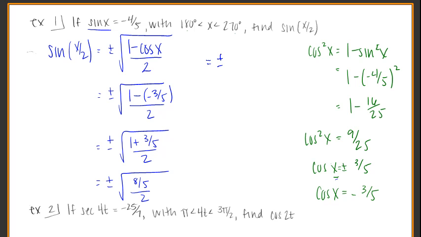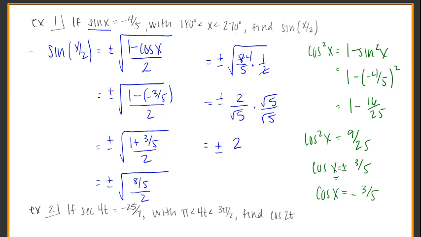Keeping on for a second, 8/5 divided by 2 is multiplying by the reciprocal, so 2 into 8 is 4. So it's plus or minus the square root of 4, which is 2, over the square root of 5. Let's clean this up: plus or minus 2 square roots of 5 over 5.